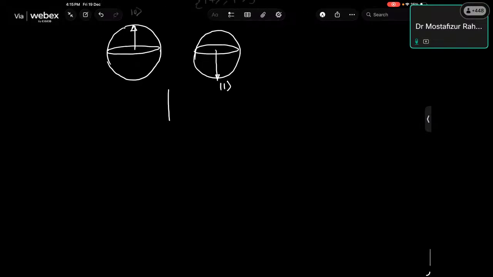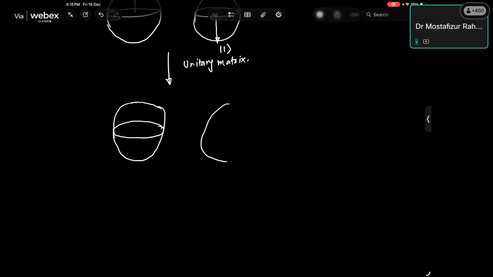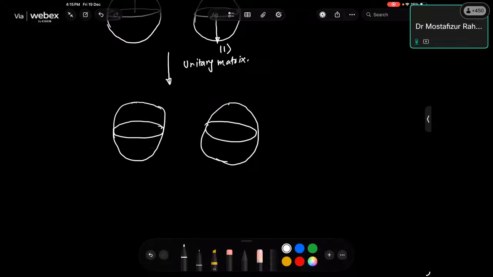What you need to do is apply a unitary matrix such that our information is either here or here, and this is our plus basis, this is our minus basis, right? This one.